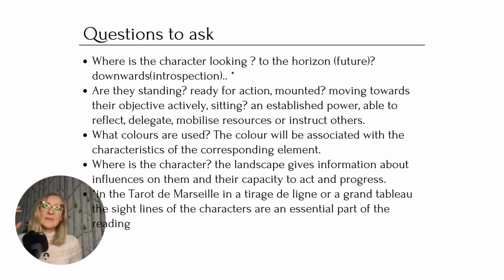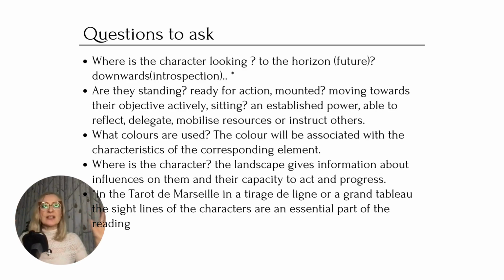And although I work with the Rider-Waite-Smith tradition, I am just going to talk briefly about the Tarot de Marseille. In the Tarot de Marseille, they set their cards out in a very different way from the Celtic cross used by most Rider-Waite-Smith users.